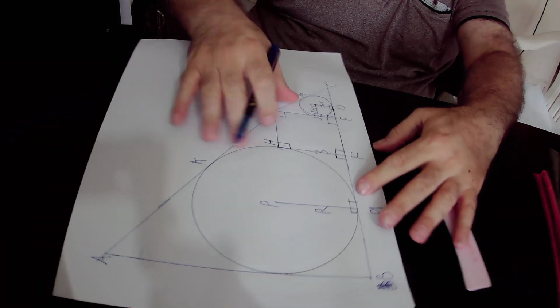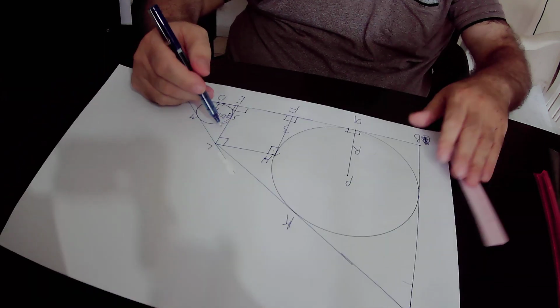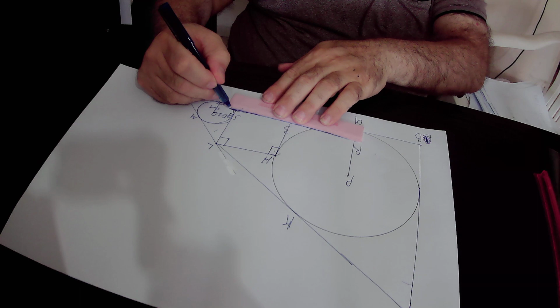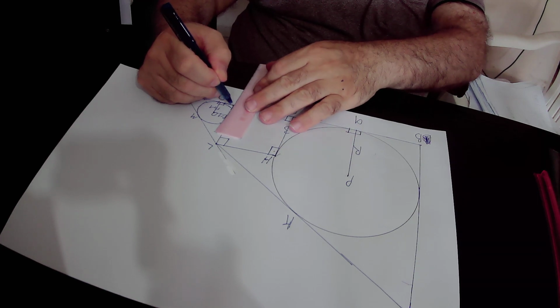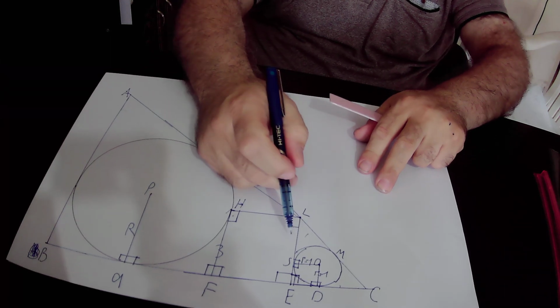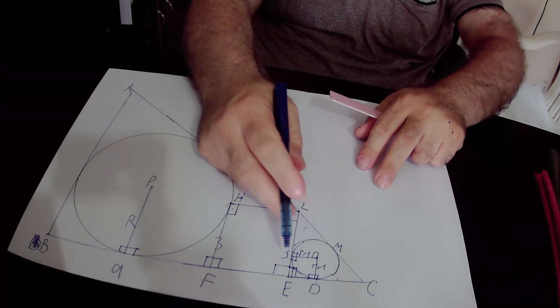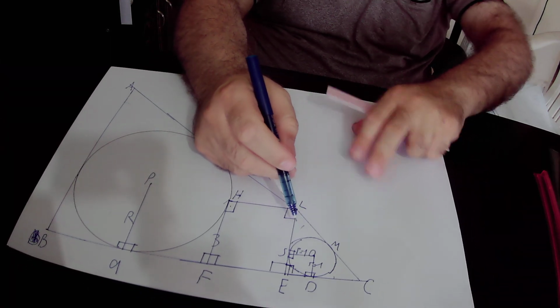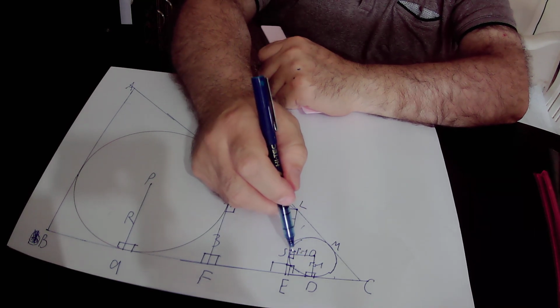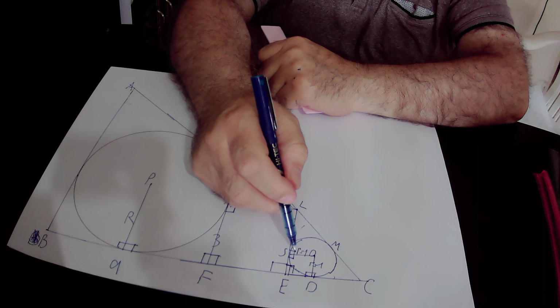So we found out that inside quadrilateral SOED, inside this small quadrilateral, we have 1, 2, 3 right angles. Okay.